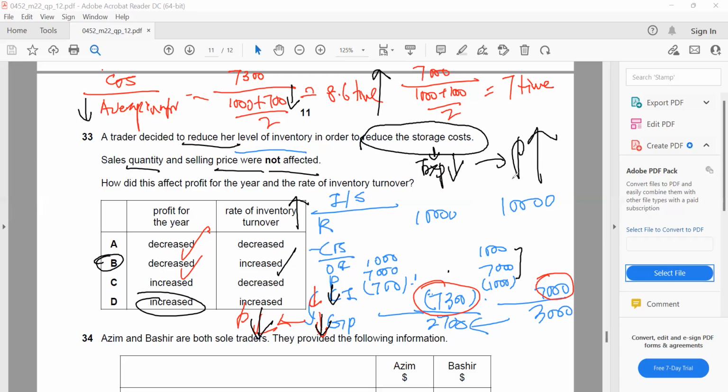That's the reason why the answer they gave is increase. Storage cost decreases, expenses decrease, profit increases. And the impact of the storage cost is more than the impact of the decrease of the closing inventory. So that's the reason for that answer.